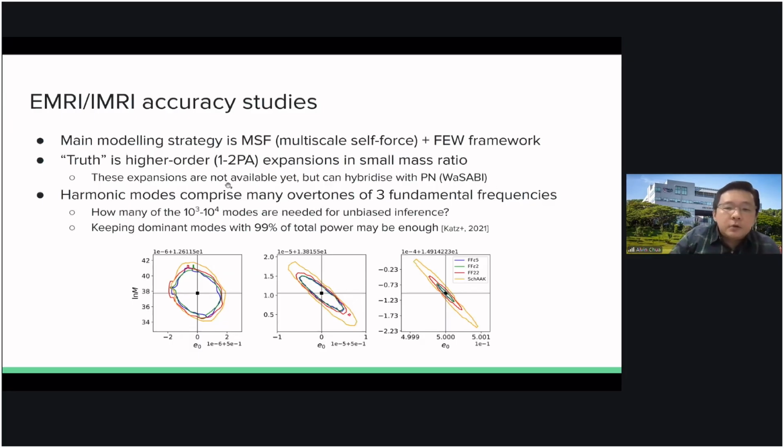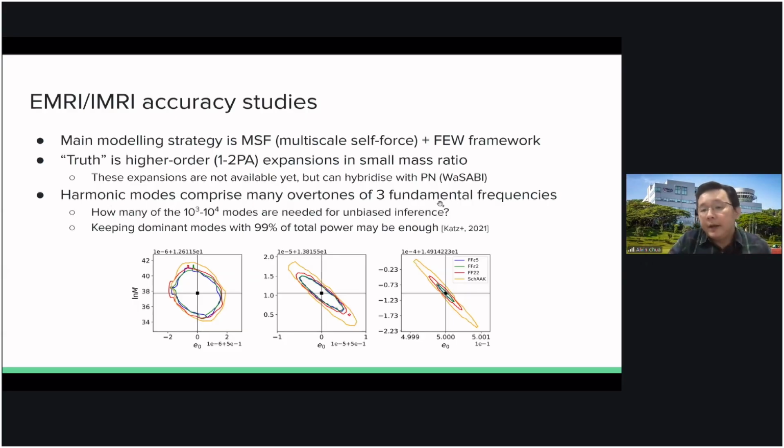Okay, one main difference between MREs and IMREs, or rather this type of modeling approach versus the modeling approaches for MPHs, is that there is a decomposition not just in terms of the angular spherical harmonics, but also in terms of the frequency overtones.